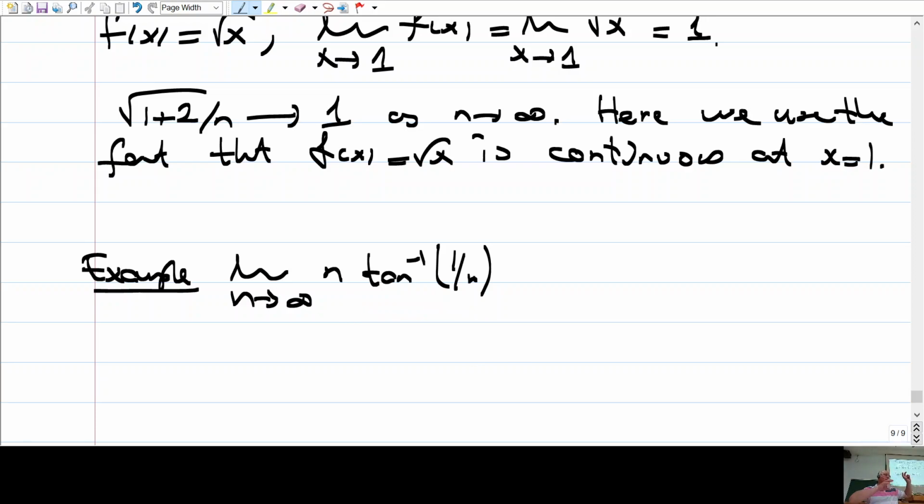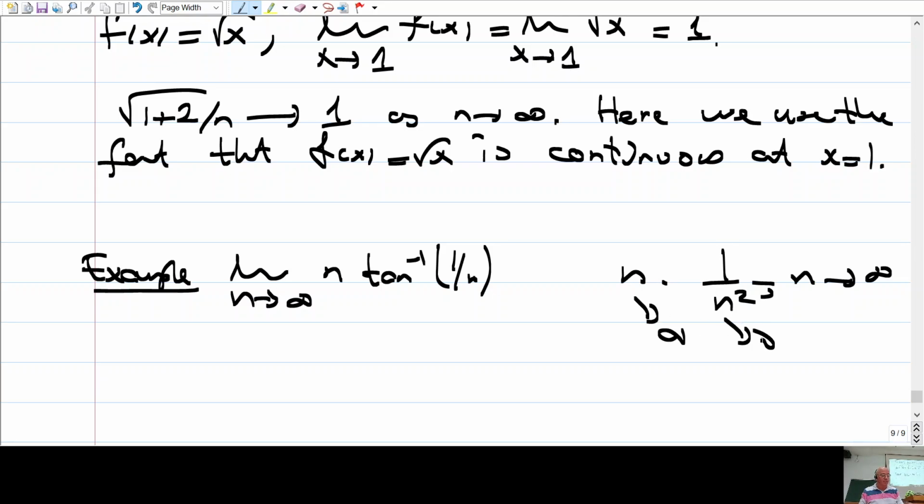If one of them gets bigger and bigger, and the other gets smaller and smaller, the product could do anything. Look at this one, n squared times 1 over n. This goes to infinity, this goes to 0, but the product is n and goes to infinity. Or write it this way, n times 1 over n squared.